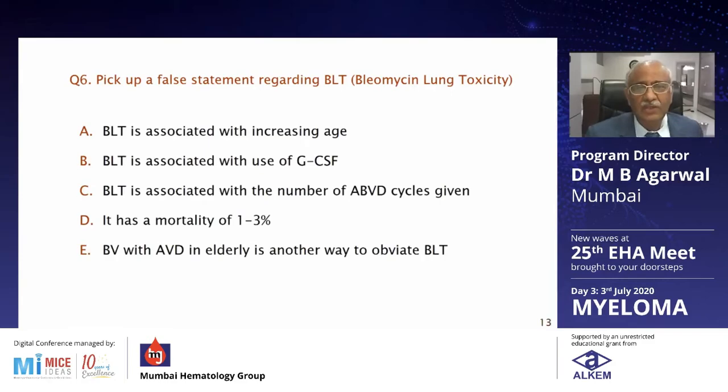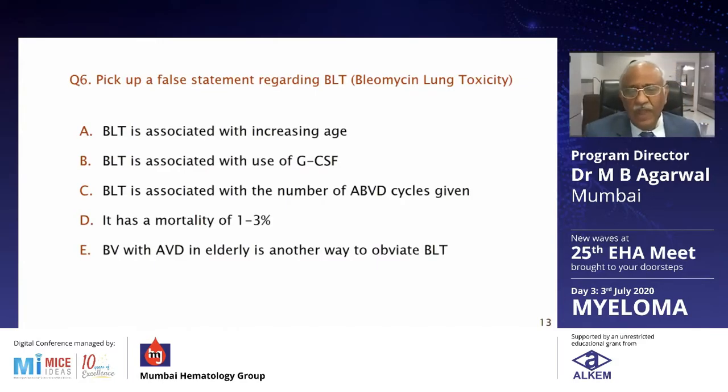So that's the last one. This is related to the bleomycin lung toxicity, the BLT. Once again, you're going to pick up a false statement. So bleomycin lung toxicity is associated with increasing age. BLT is associated with use of GCSF. BLT is associated with the number of ABVD cycles that you give.